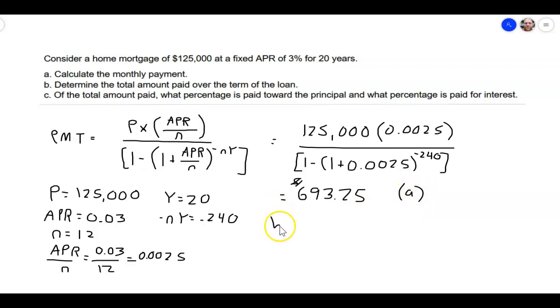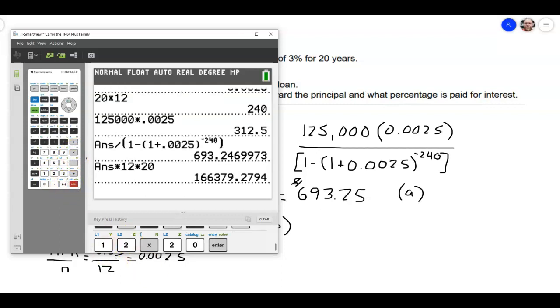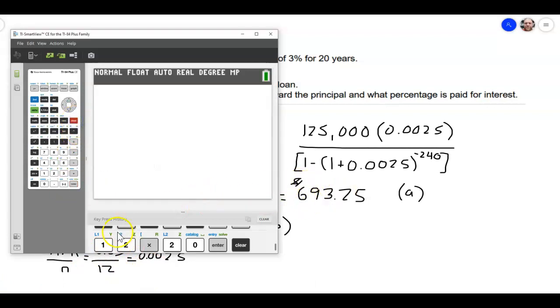All right, so B says determine the total amount paid over the term of the loan. So the loan is for 20 years, and we're paying that 12 times a year. So this should just be this times 12 times 20. And we really should go ahead and just use this amount here.